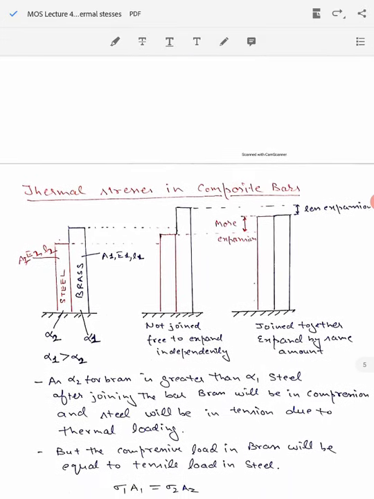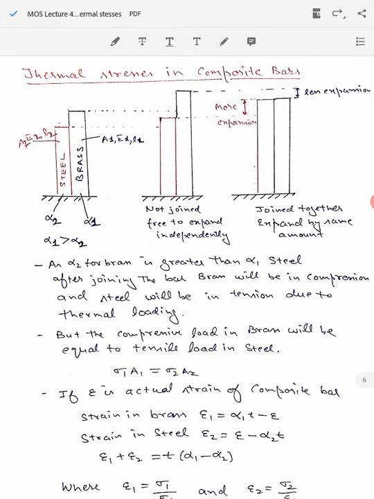Now let's take another case for the thermal stresses. This is a very interesting case because here we don't have any retaining wall. The stresses are not being produced because of the effect of some retaining walls. But here we have a case of a composite bar where two dissimilar materials are joined together either by welding or by some kind of temporary fastening process, such as nut and bolt, or maybe using rivets.